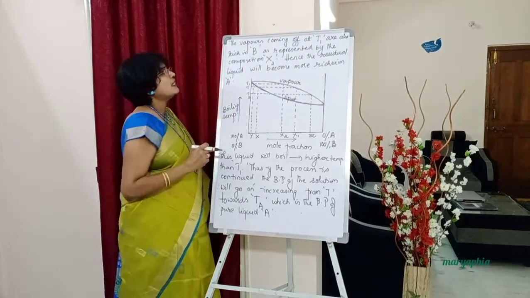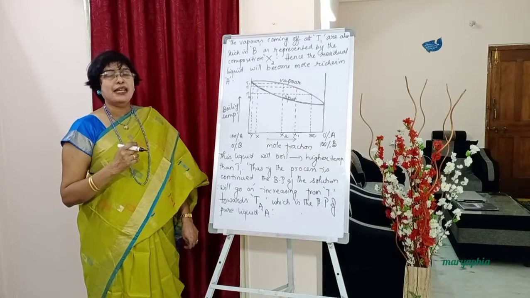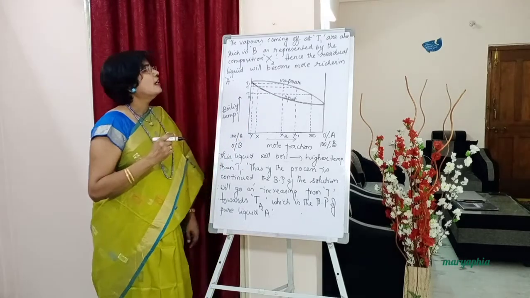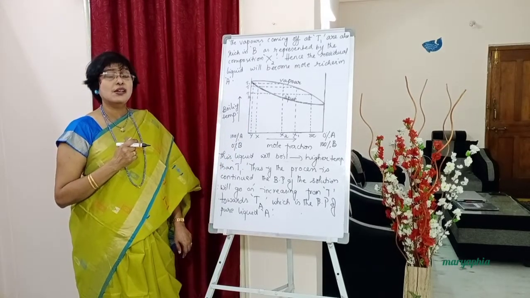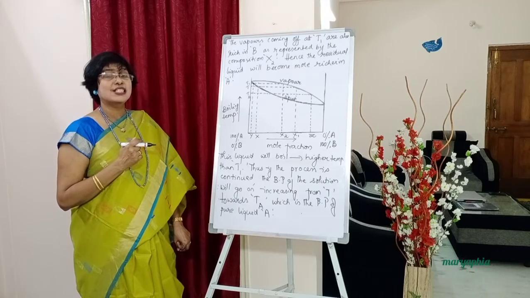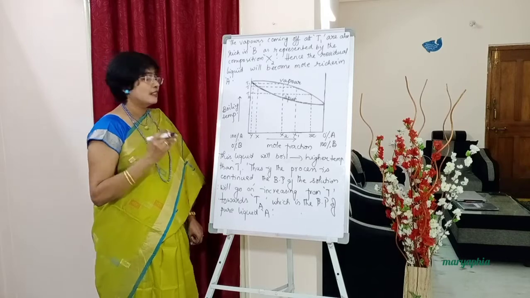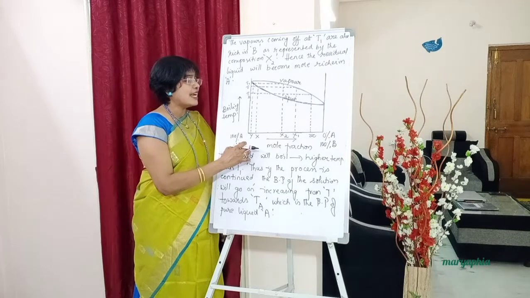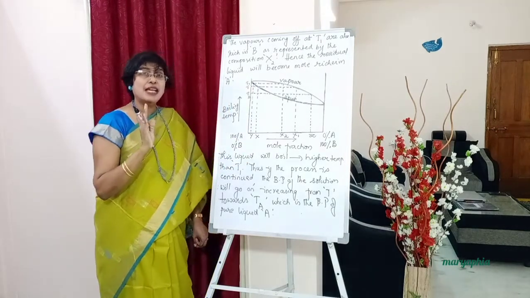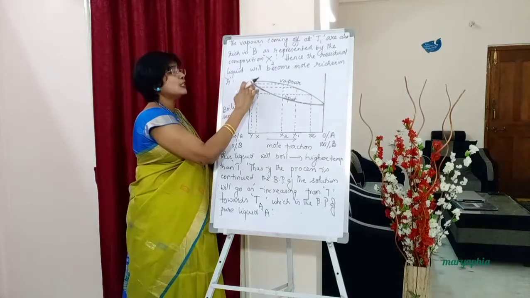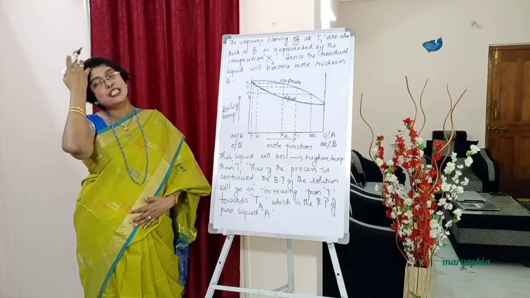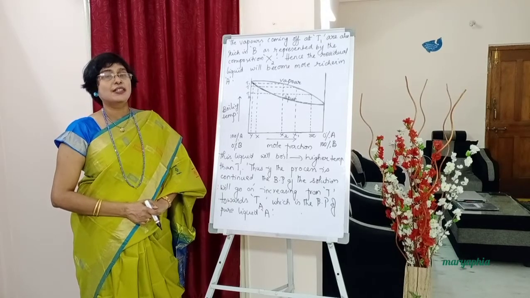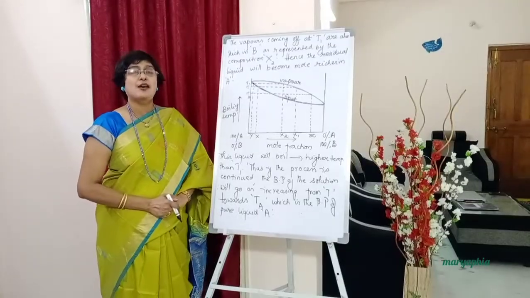Now write down, students: the vapors coming off at T1, which is the point here, are also rich in B. Students, you should understand, when we are heating the residual liquid which is rich in A, it starts boiling at this temperature, and the vapors coming off at this particular temperature, if we observe their composition, are rich in B, liquid component B, as represented by the composition X2.